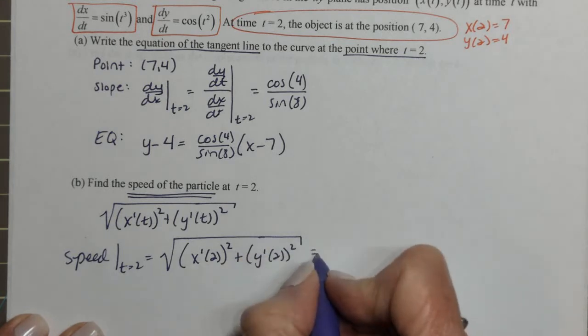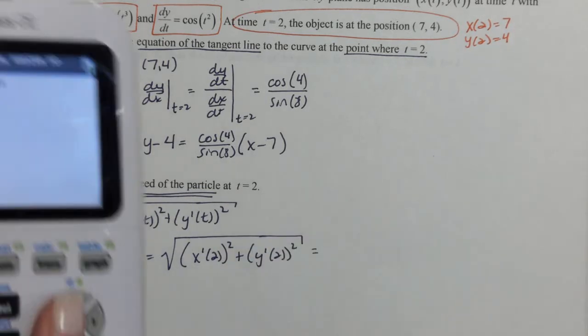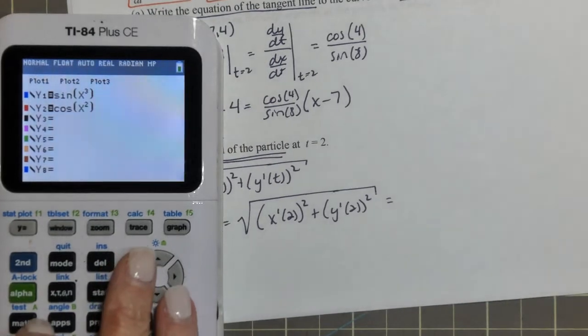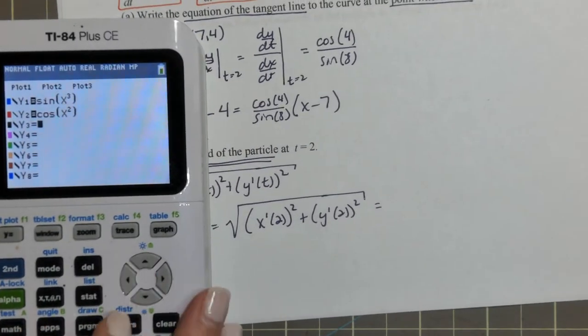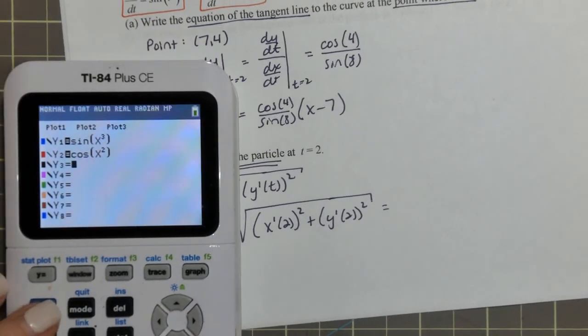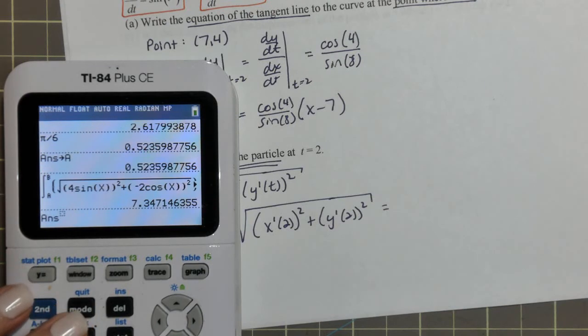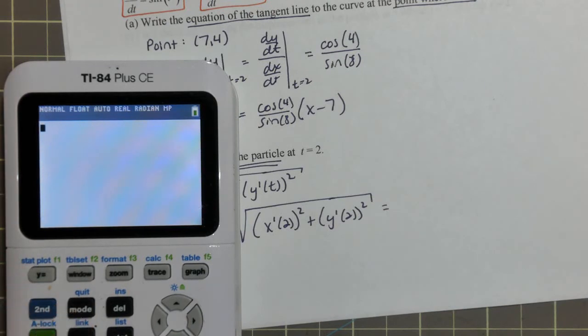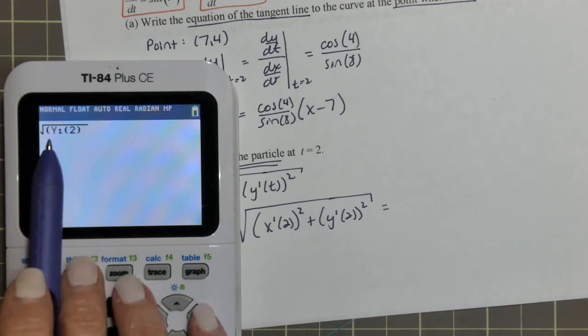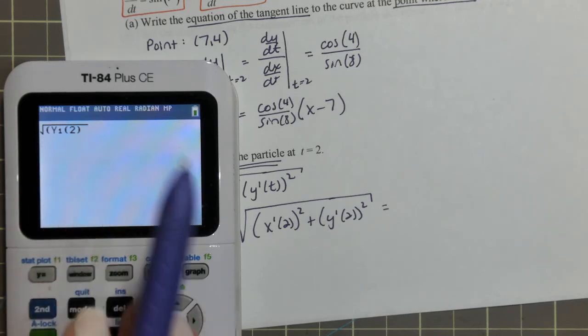Okay? I think I will just use my calculator now. I have x prime stored in for y1 and y prime stored in for y2. So I'm going to go to my home screen. Square root, x prime is my y1 at time 2. Remember, your calculator can use that notation. That is going to evaluate y1 at time 2.